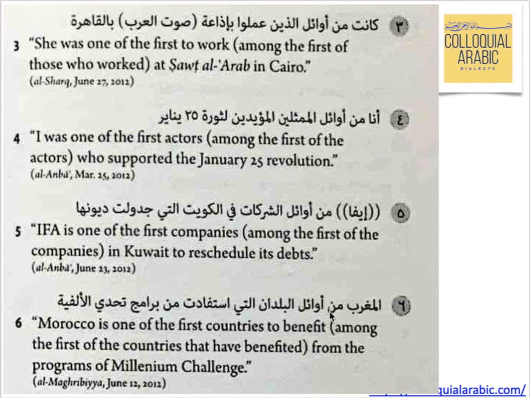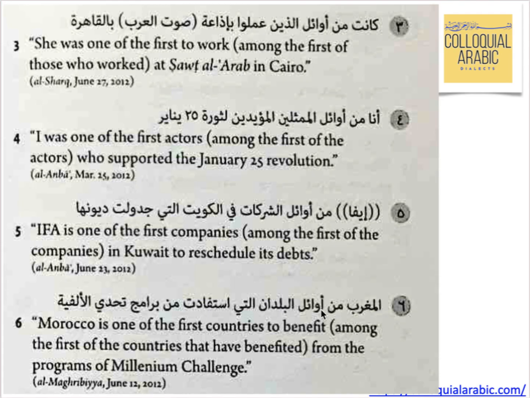Again, Al-Maghrib min Awail al-Buldan. Al-Maghrib is Morocco, the country name, meaning one of the first countries allati istafadat, which benefited from the programs, Barnamij, singular, plural, Tahdi al Alfiya, the Millennium Challenge.